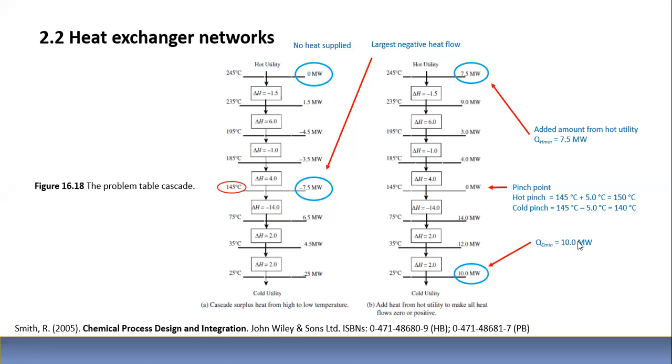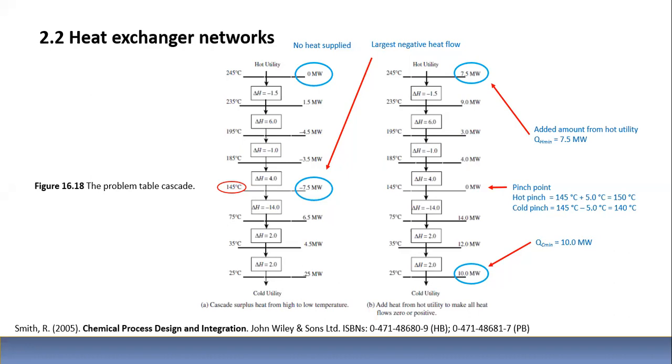And by the very bottom, we find the QC minimum, which by now is 10. So if you remember at the very beginning, we had these hot composite curves and cold composite curves, with an example of delta T minimum of 10 and an example of delta T minimum of 20.